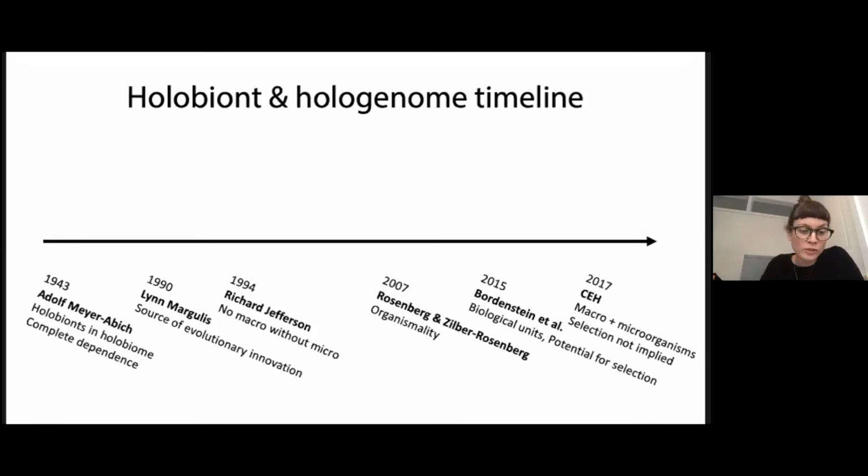And then, of course, here at the foundation of the center, we have a somewhat different take on what a hologenome and holobiont is, related to the Bordenstein definition, I would say, where we're just interested in what the macro and microorganisms are present, and we don't necessarily imply that there should be selection at the different levels.